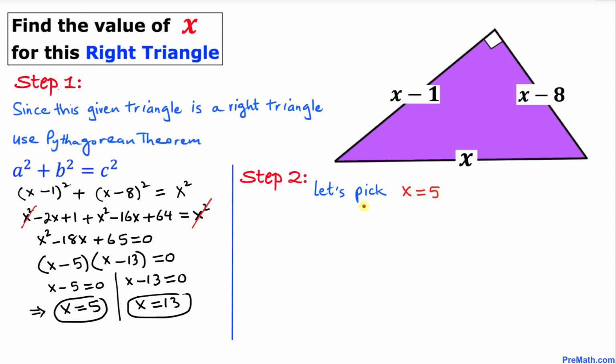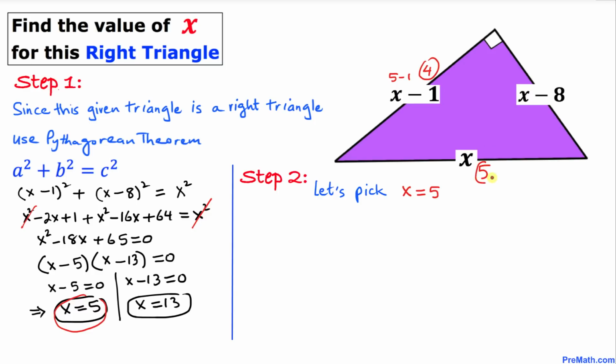And here's our next step. Let's pick the x equal to 5 value first, and put it over here. If I put it in, this x is the same as 5, and this becomes 5 minus 1, which is 4.